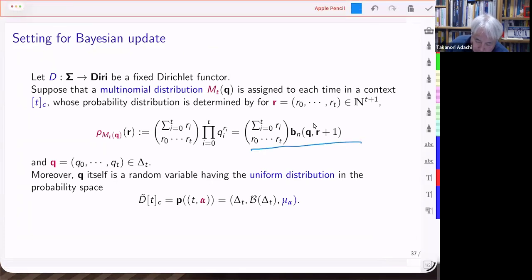Here Q is an element of the delta T complex.